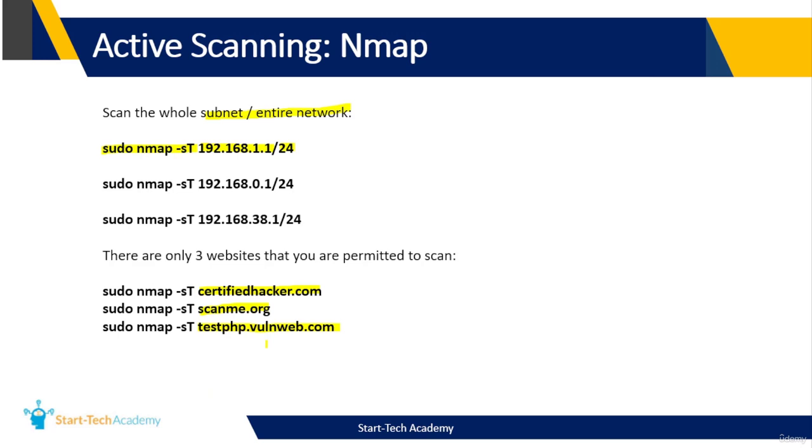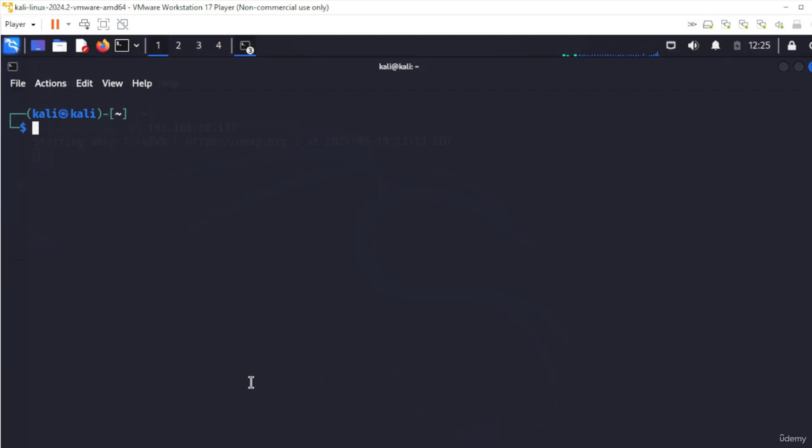Let's go to Kali. Clear the screen. Sudo nmap -sT testphp.vulnweb.com. This is a website that you can scan, created by Acunetix.